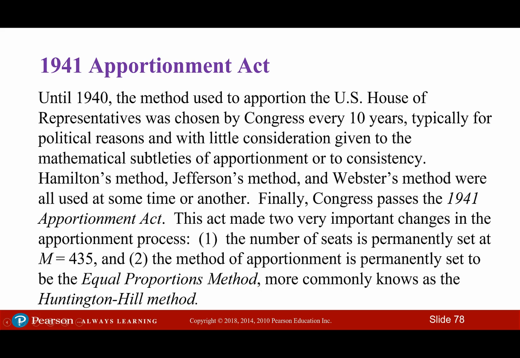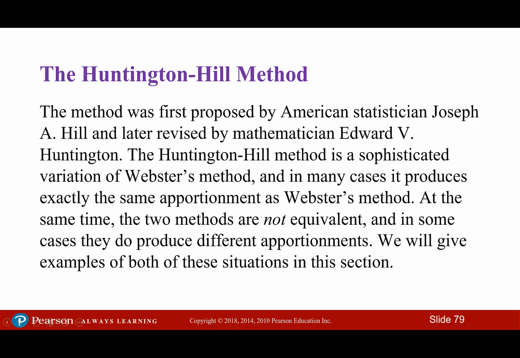It depends on the population, depends on how big it is. So, Huntington-Hill method, there it is. It's almost like the Webster method with just a slight variation. In fact, some of the time you get the same exact numbers as Webster, sometimes not.